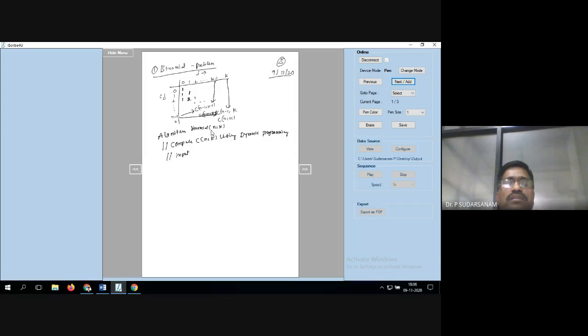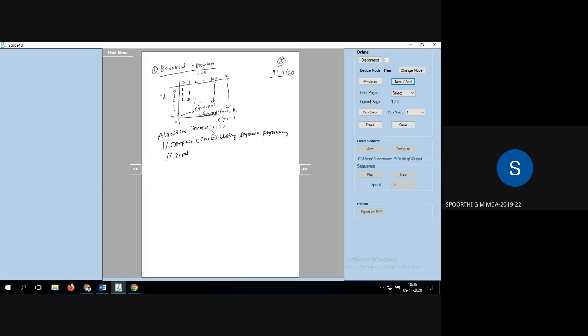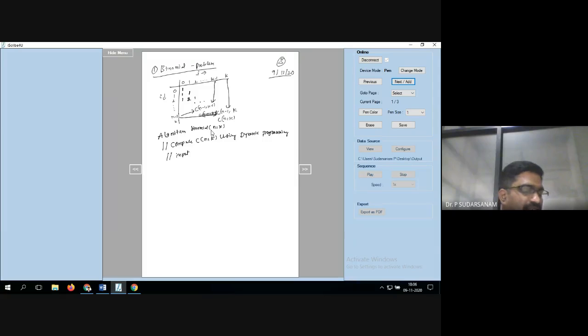For example, 4C1, 4C2, 4C3, 4C4 I can calculate. Can 4C5 be calculated with binomial? Spurti? Arjun? No, sir, we cannot calculate it. That is the input restriction. The input integers must satisfy n greater than or equal to k, and k greater than or equal to 0.